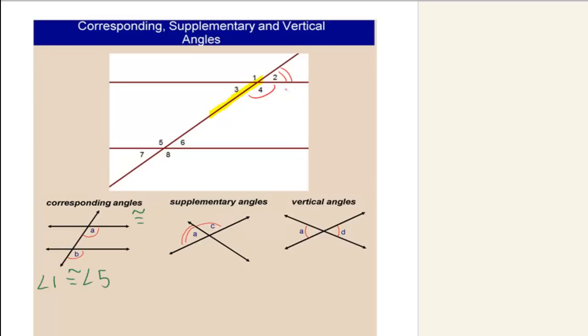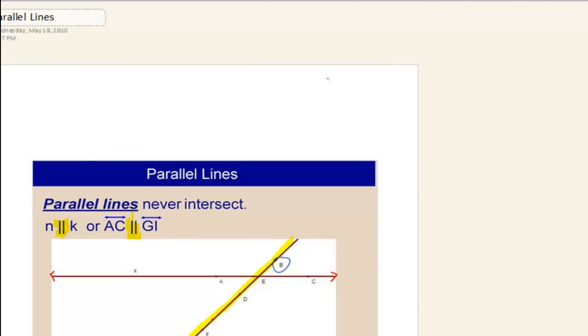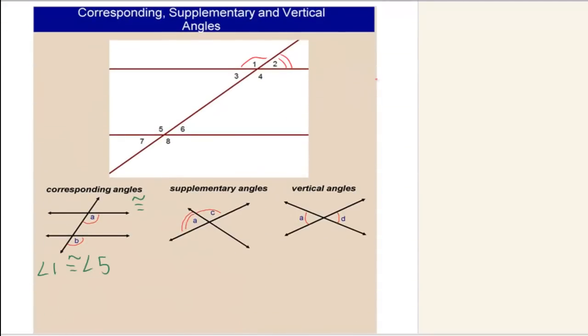Those 2 angles lie on this straight line, so they add up to 180. 2 other angles would be angle 1 and angle 3. Do you see any other ones? How about angle 3 and angle 4? Those would add up to 180 as well. And the same thing happens to the angles on the other parallel line.